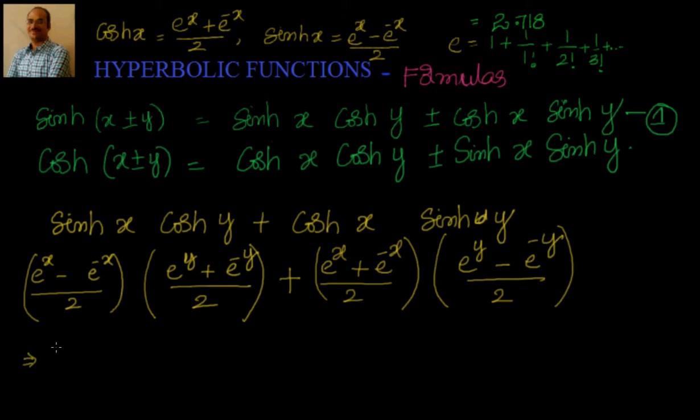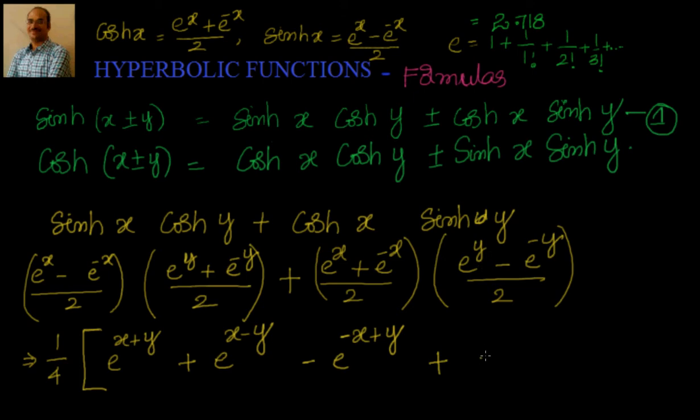This is nothing but equal to, can I take 1/4 out? Then I will straightforward go ahead and multiply them all. So e^x into e^y, e^(x+y), e^x into e^(−y) plus e^(x−y), minus e^(−x) into e^y, that is minus e^(−x+y), plus e^x into e^y, e^(x+y), e^x into e^(−y), that is minus e^(x−y).